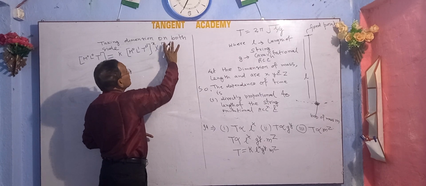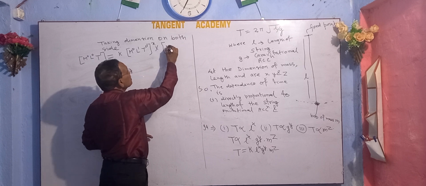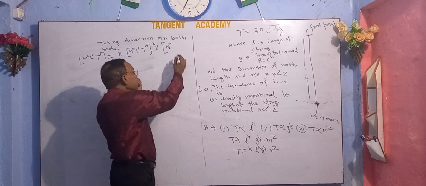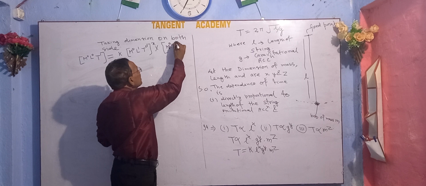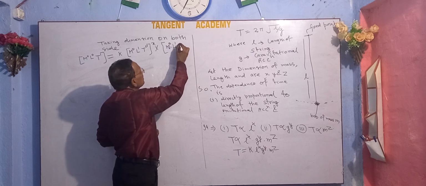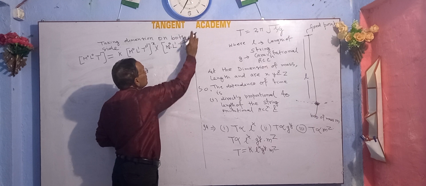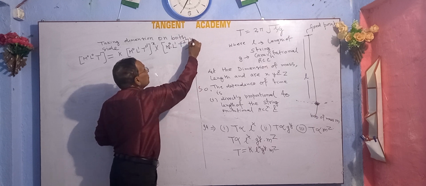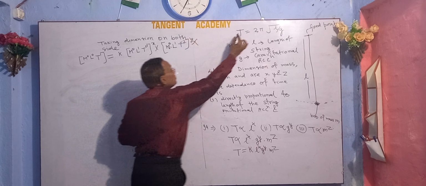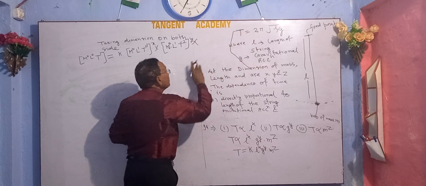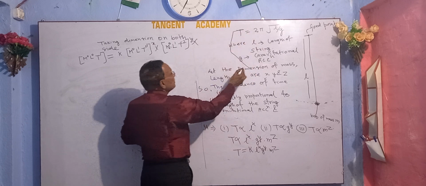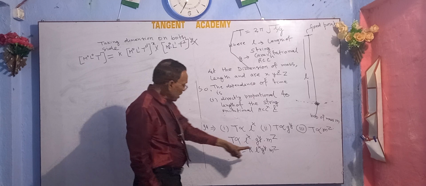It can be written as mass has 0 dimension, length has 1 dimension and time has minus 2 dimension, to the power y, into mass.